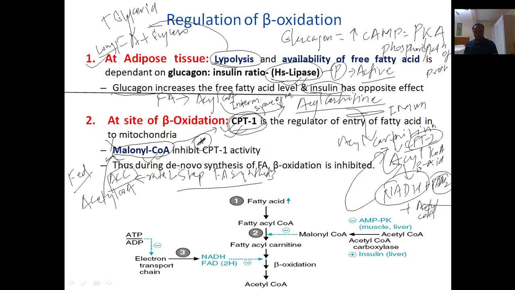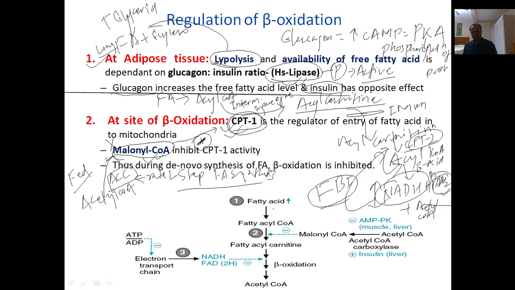NADH and FADH2, if they become high, will also inhibit. This is called feedback inhibition. Product will inhibit its own reaction. This feedback inhibition happens through NADH and FADH2.